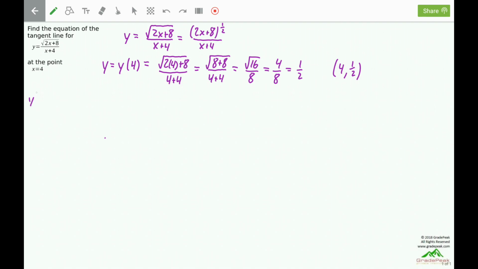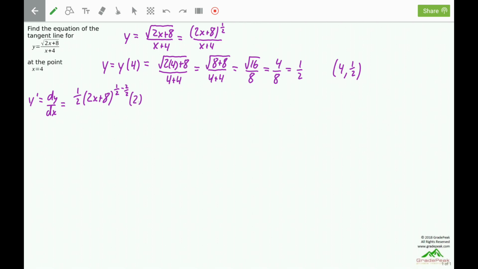Our derivative, y prime or dy/dx, will then be the derivative of the numerator. So we bring the 1/2 down, we leave the inside alone, we subtract 1 from the power, which I will call 2/2.